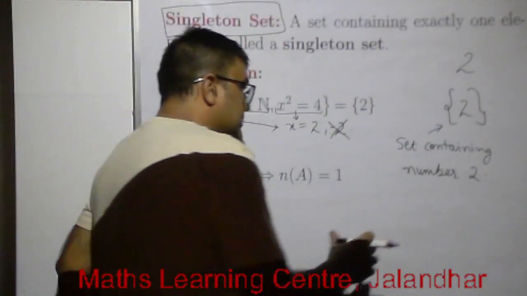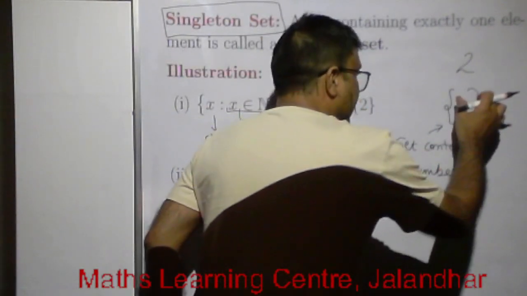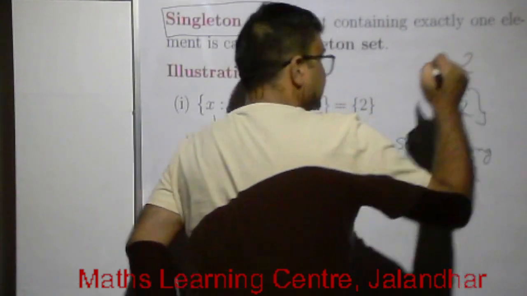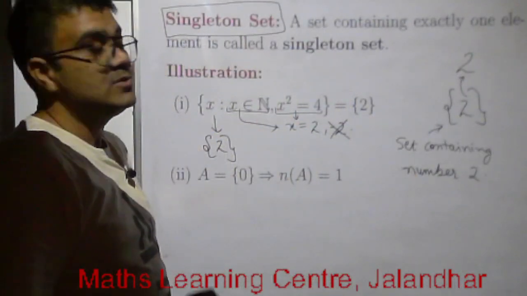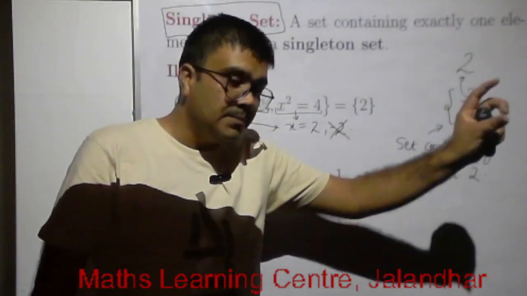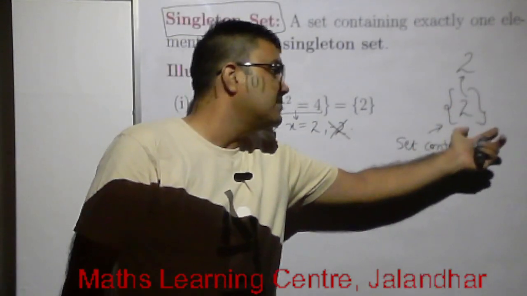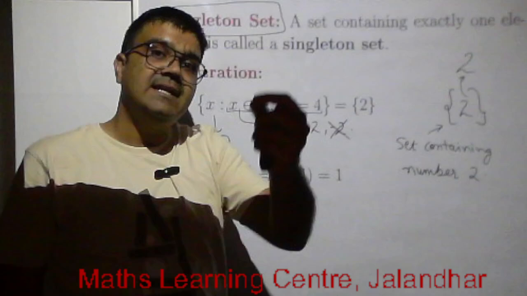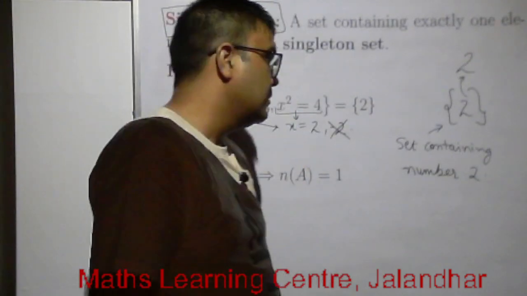How many elements are there in this set? There is only one element, and that element is the number 2. So these two things are different. When we are writing 2 over here, it is the number 2 we are talking about, and when we are writing these brackets over here, it is the set containing the number 2.